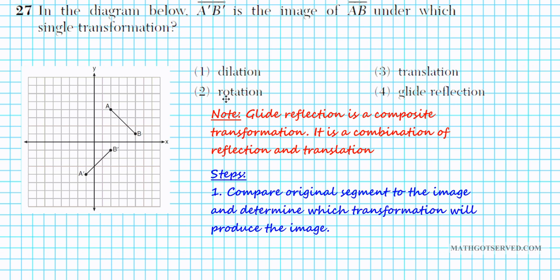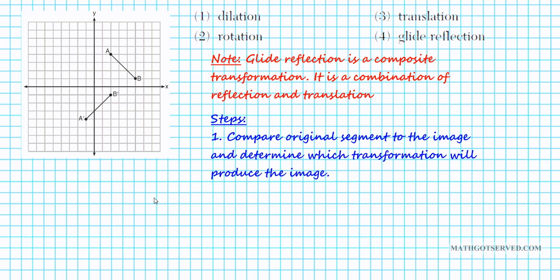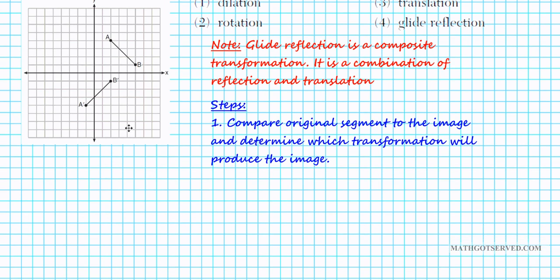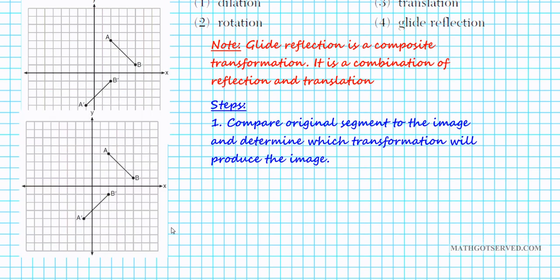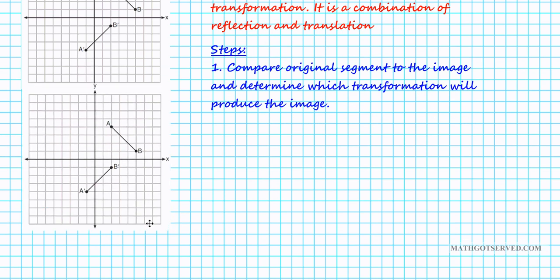Now, how about a rotation situation? If I rotate this figure AB, will I get this right here? If I rotate it, probably 180 degrees, the orientation is going to be different. Let me show that to you real quick, just to help you see that this is not a rotation.